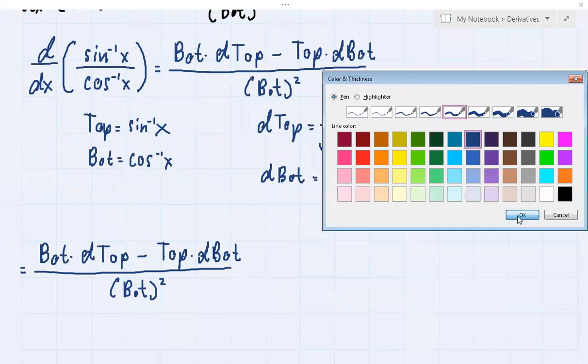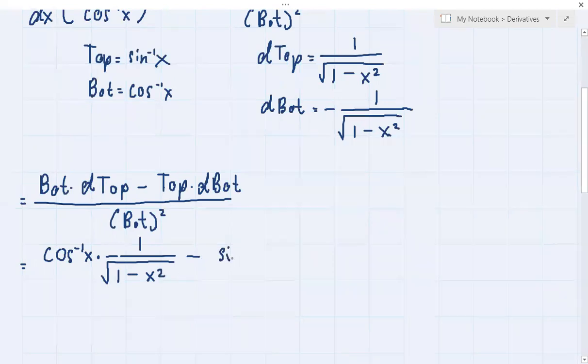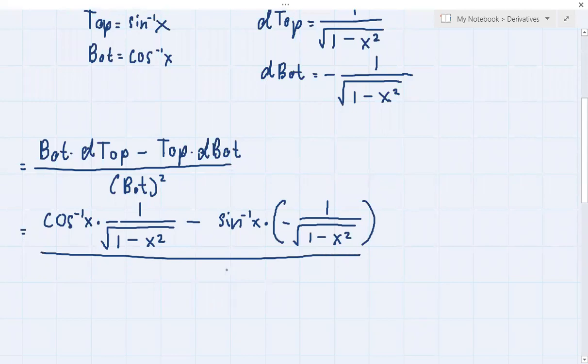So that we can have more space. So, bottom, which is our arc cosine, times derivative ng top, which is 1 all over the square root of 1 minus x squared, minus top, which is the arc sine, times the derivative ng bottom, which is negative 1 all over the square root of 1 minus x squared. There we go. All over square ng bottom, which is square ng arc cosine.